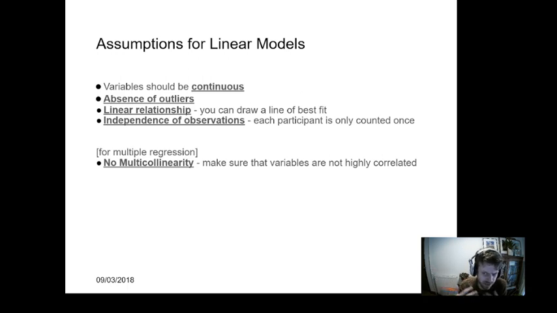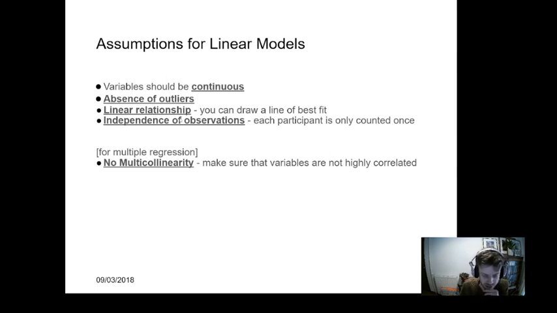Independence of observations: as I've mentioned, we need to make sure that each of the independent variables is actually independent of each other, so you don't want to have your height and height in centimeters together, because they're going to be linked to each other. If you're doing multiple regression, which is a regression with multiple independent variables, you need to make sure the independent variables aren't highly correlated with each other, which again makes sense.